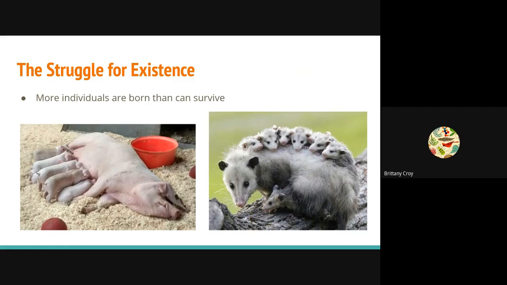This is how the better suited organisms are the ones who can survive. Better could mean stronger or faster, but it might also just mean a different color or more flexible or better at digesting food. Remember, this idea came from Malthus and the overcrowding.